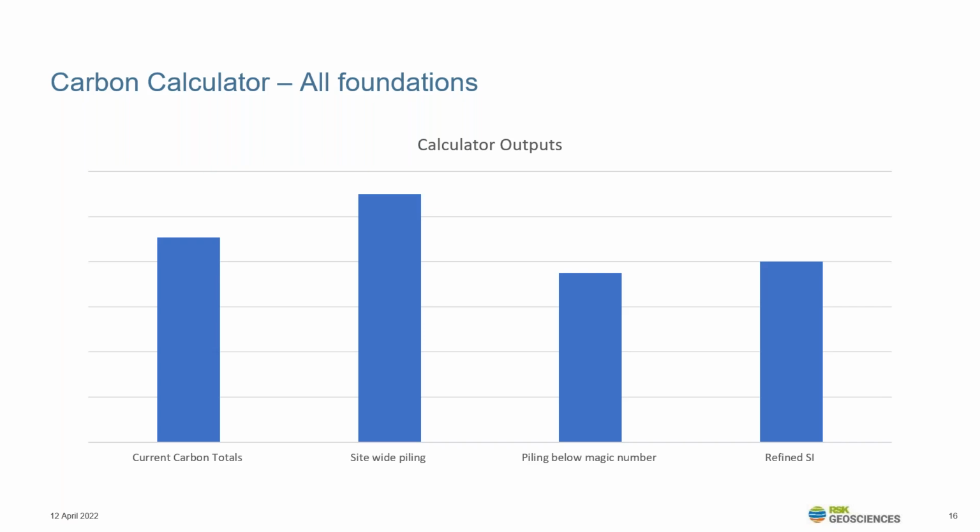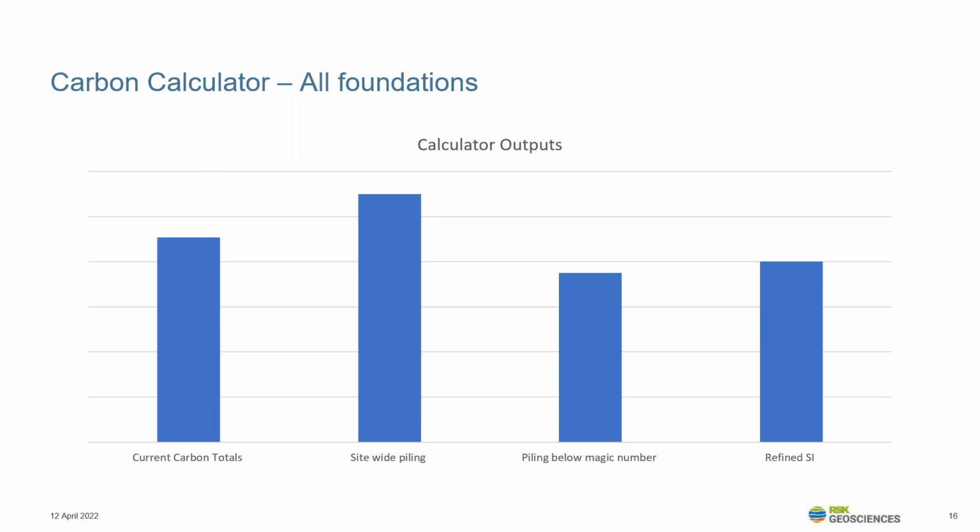There are no plans to do it here, but I've then compared it to what would happen if you piled all of the site, which, as you can see, gives a worse carbon outcome. It might not have been quite as bad as you'd anticipate, and that's partly due to the size of the site. Then I've modelled the site with changing to piling at the tipping point of 1.8 metres.